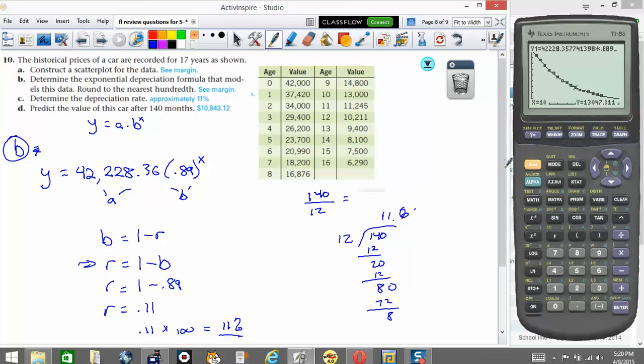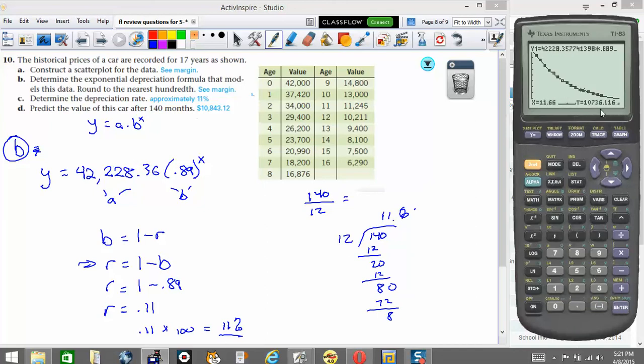11 and 2/3 years. So if we go 11.66, so what you do is you hit trace, arrow down, and type in 11.66, hit enter.